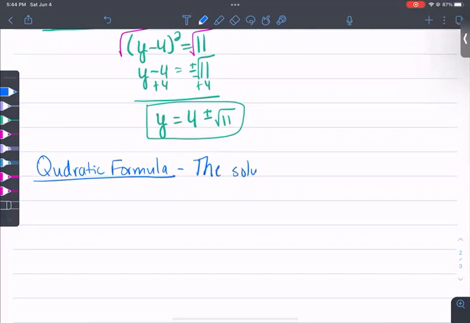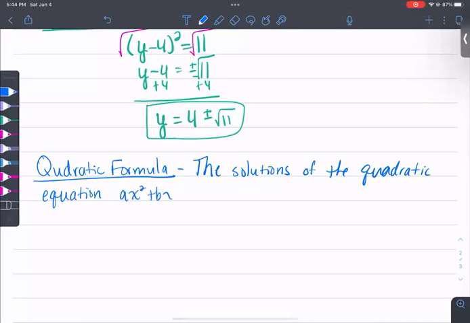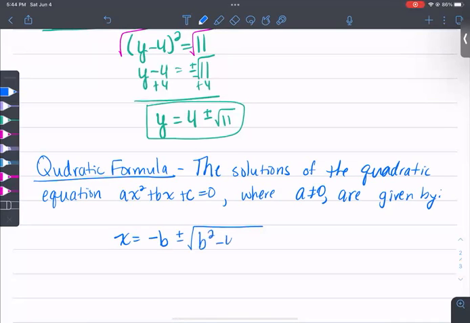So we say the solutions of the quadratic equation ax squared plus bx plus c equals 0, where a is not equal to 0, are given by this formula. x is equal to negative b, or the opposite of b, plus or minus the square root of b squared minus 4 times a times c, all divided by 2 times a.